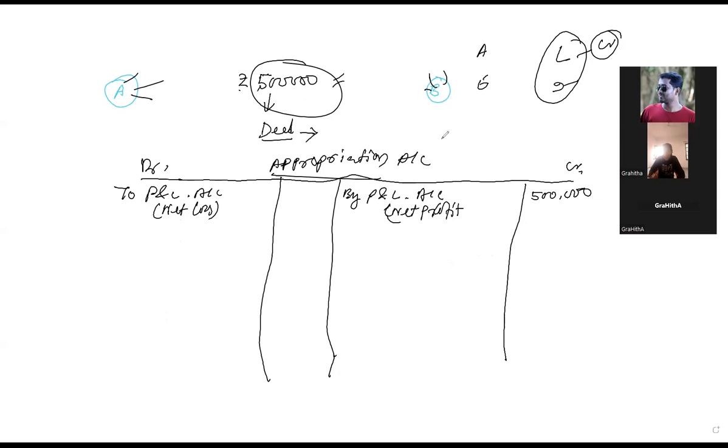But remember what I told first: we make the appropriation account to show the relationship between the firm and partners. So any amount the partners are going to receive, that amount the firm is going to pay, I write on the debit side. So indirectly the debit side is the expenses, expenses for the firm.